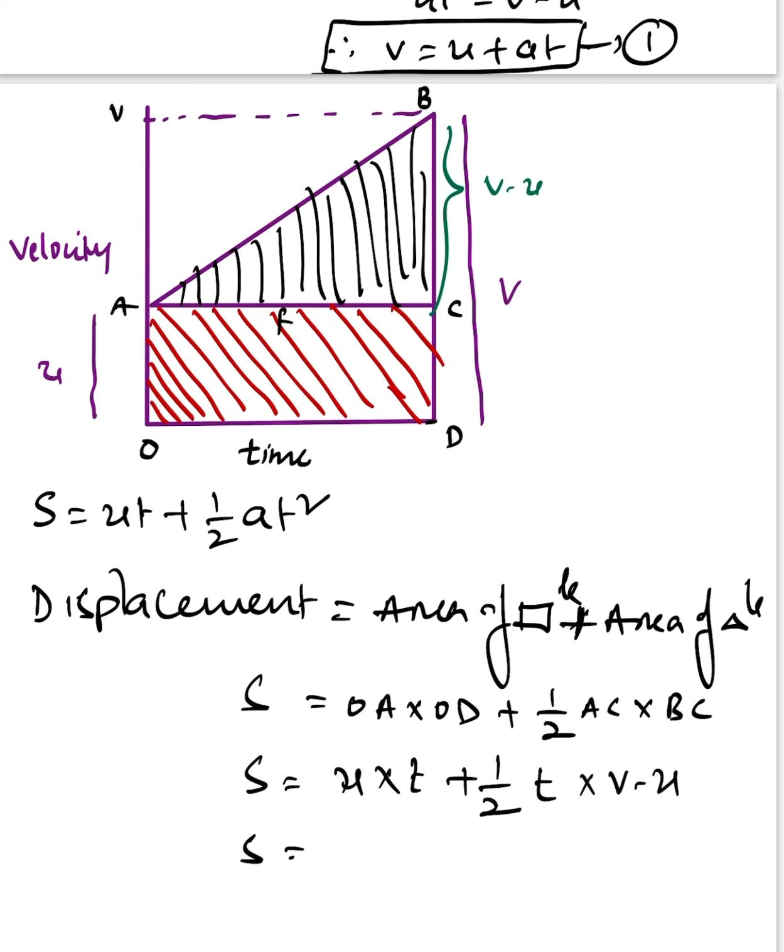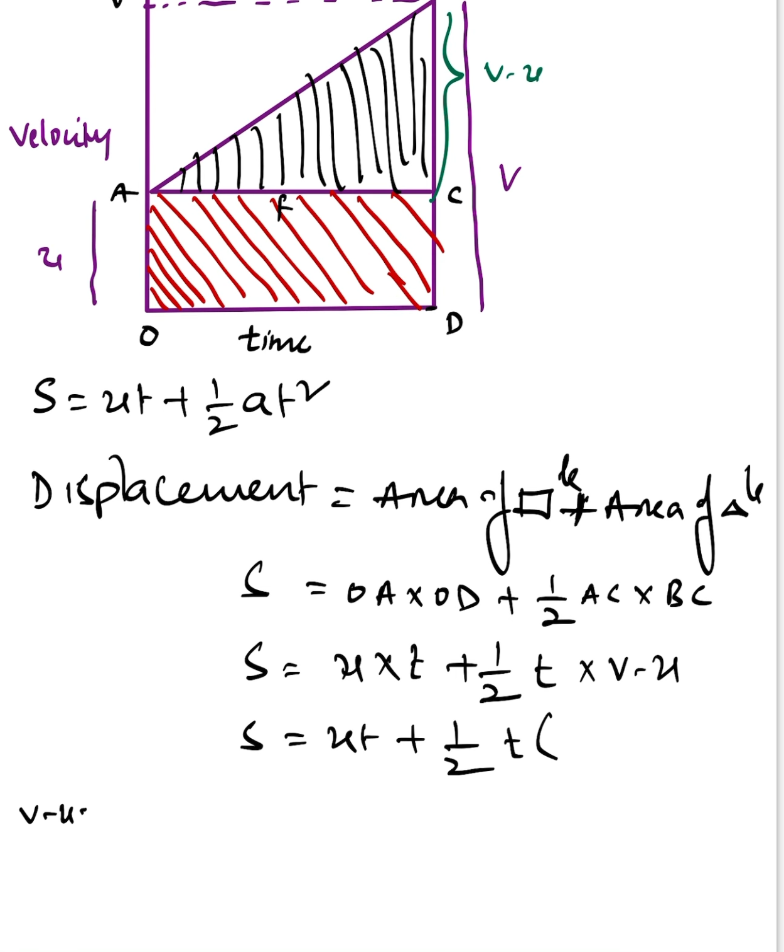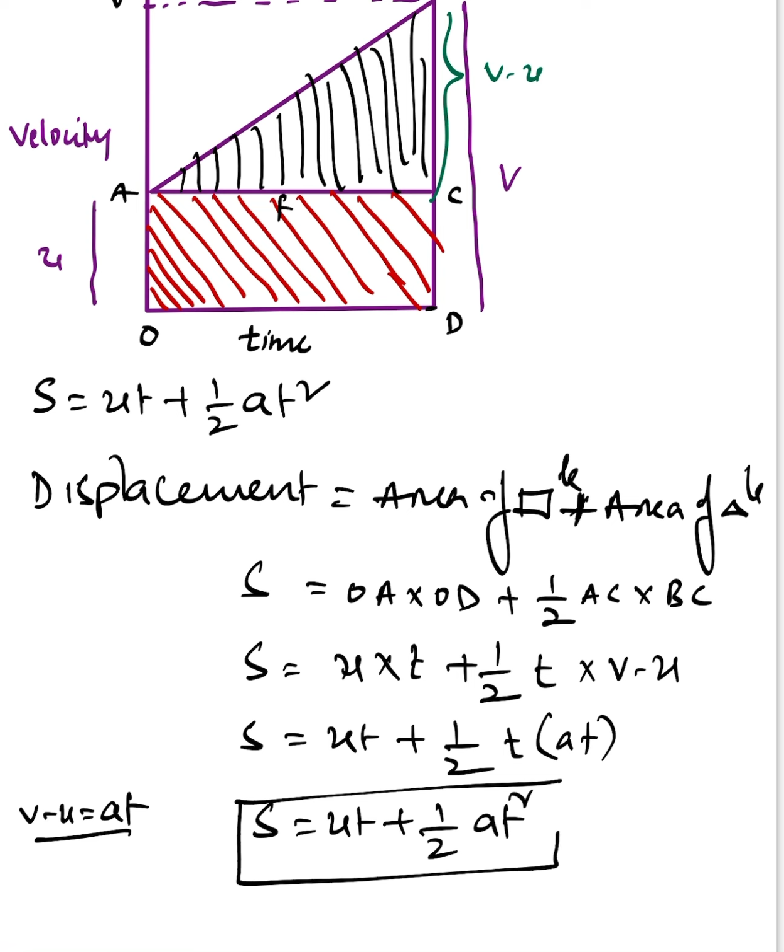So we write s equal to ut plus half t into v minus u. The first equation of motion, what? v equal to u plus at. From this, v minus u is equal to at. So write at here, then s equal to ut plus half at square. So this is the second equation of motion from the velocity time graph.